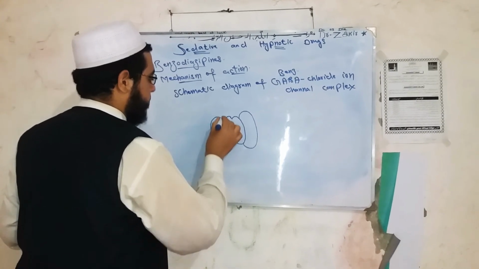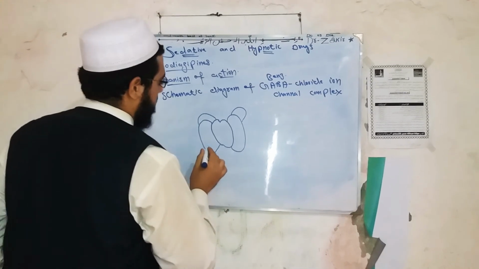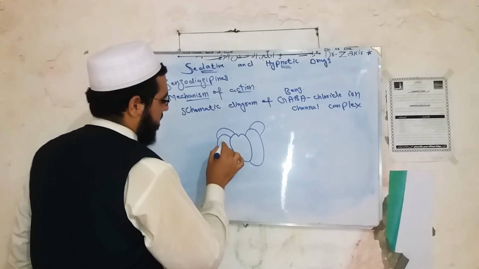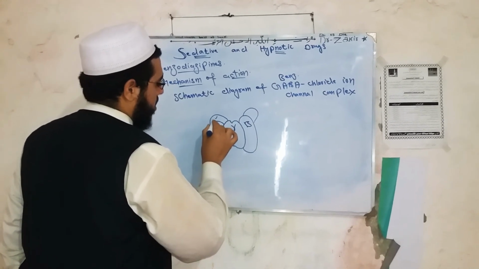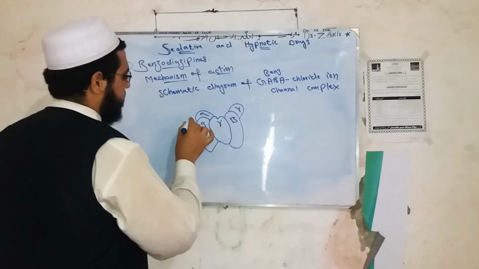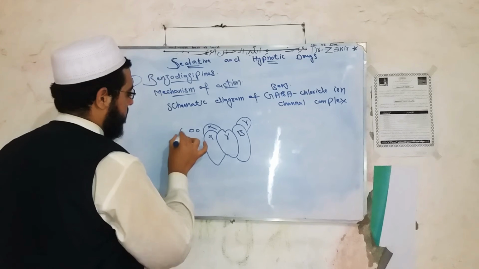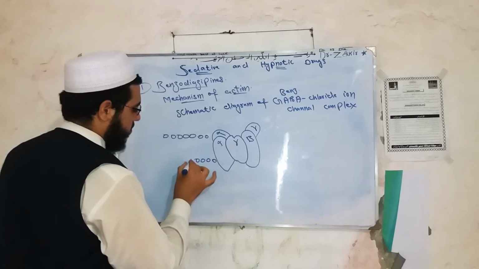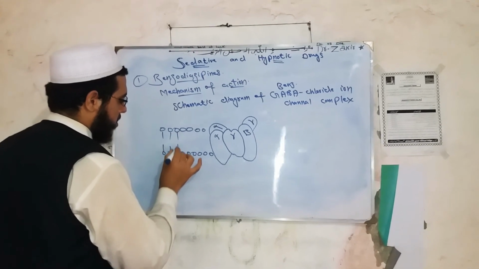Such a diagram is drawn here, with the subunits like alpha, gamma, beta, alpha, then gamma, and the cell.